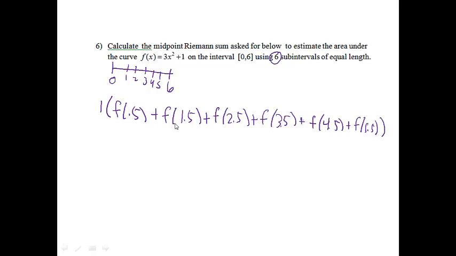Okay, so now I will calculate that, and I will use my calculator to help me out with that, and when I do that I should get 220.5.